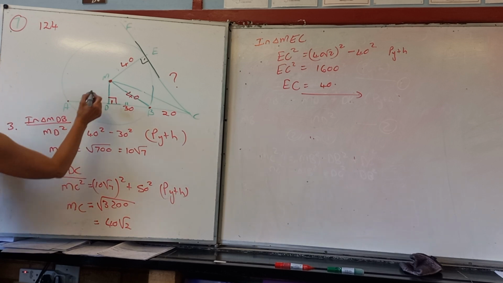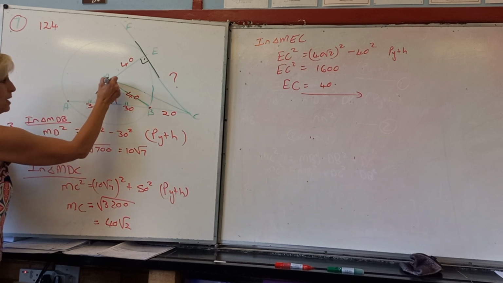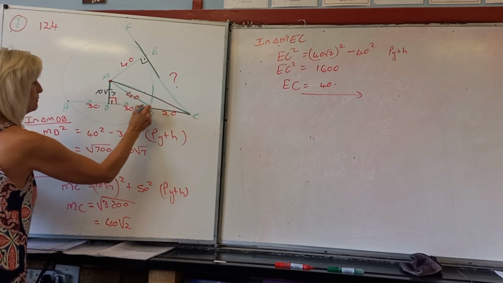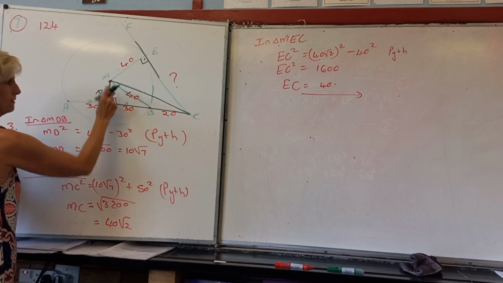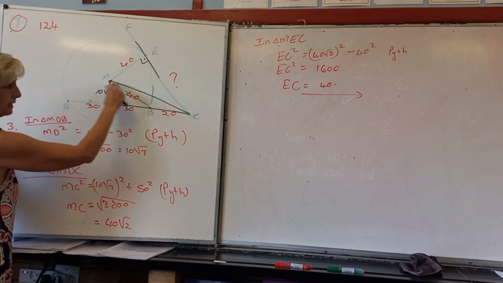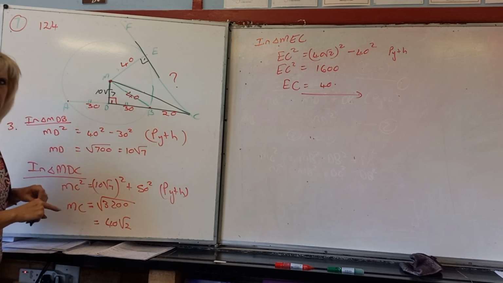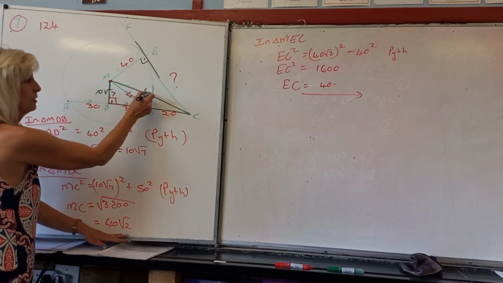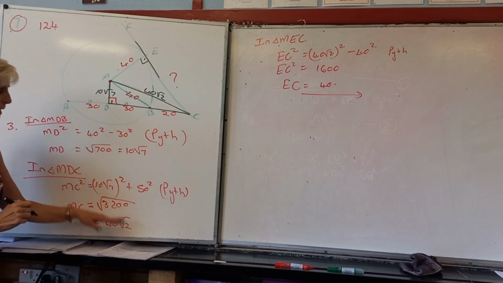Then once I know that this is 10 root 7, I can now work in this triangle, because I have this side as 50. It's the sum of 50 and 10 root 7 that gives me the hypotenuse side. So then I get to my answer of 40 root 2. Calculator.